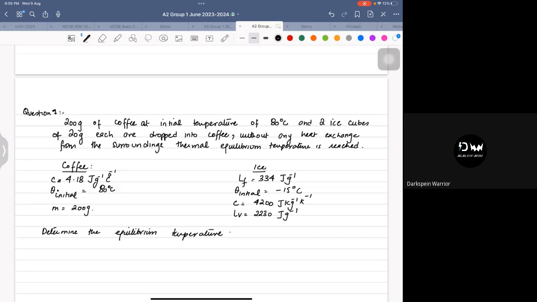So if we follow that logic, the thermal equilibrium temperature will be somewhere between minus 15 and 80 degrees centigrade, right? That is correct. Then how can we use a latent heat of vaporization if ice will boil at 100 degrees centigrade? That's true. So then don't use it. It's a dummy value. All right. Good.